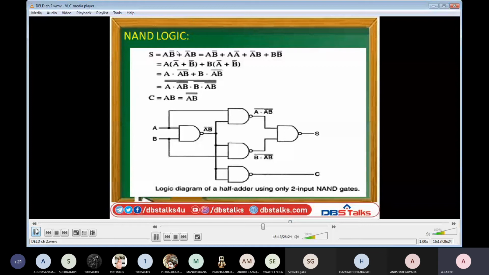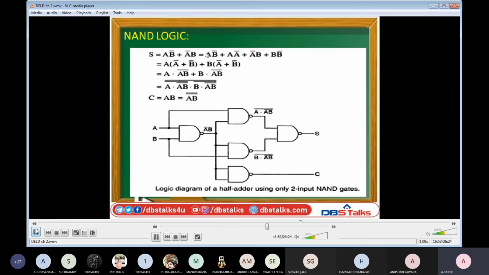See here, S means A complement B plus A B complement, as we already know. In the previous sessions, in the reduction postulates, we have defined it like this. A B complement plus A complement B is equal to A B complement plus A into A complement, which is nothing but 0, plus A complement B plus B into B complement.